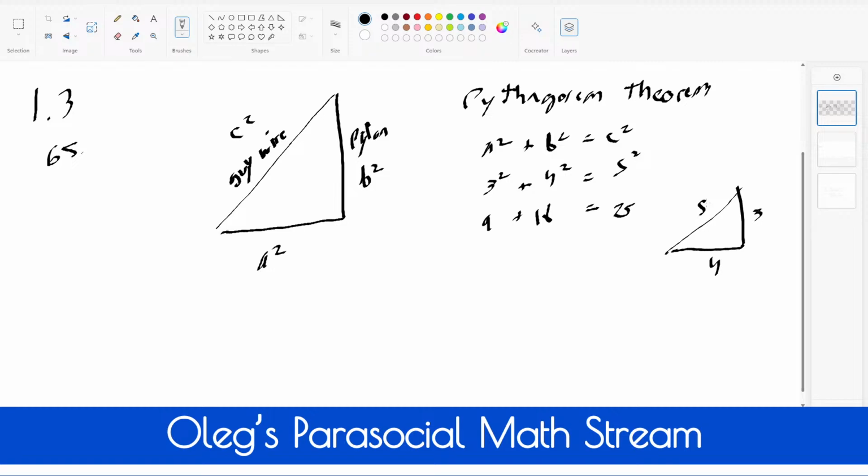Okay, so in this case, what we have is, they're giving us already the square root. So they're giving us, let's see here, the square of the distance between the wire and the ground, and the square of the height of the pylon.